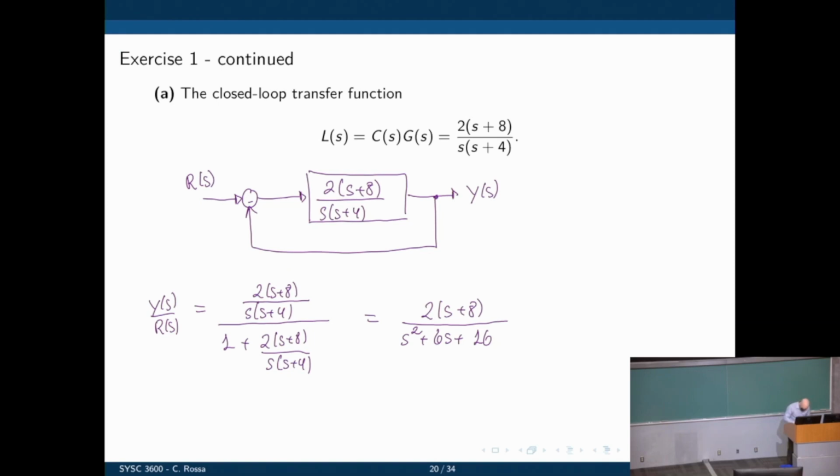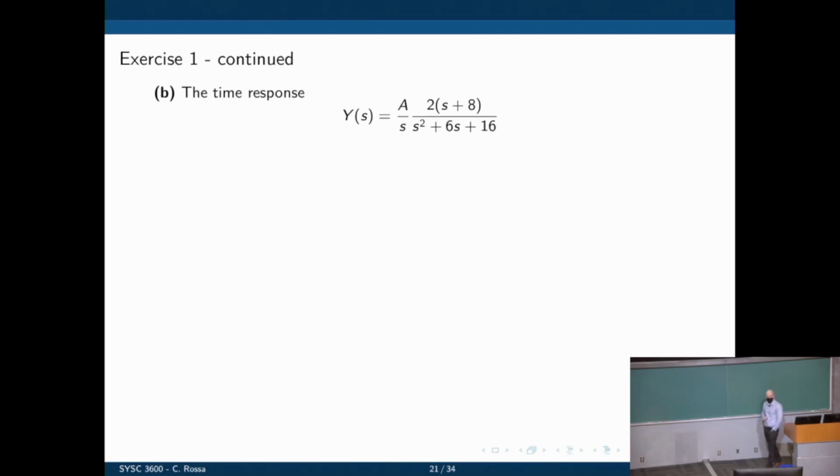Let me just write it here. Okay, I already have it there. All right, anybody need more time? No, okay. So now we are giving this system a step input of magnitude A. Okay, and we are asked to calculate the time response.